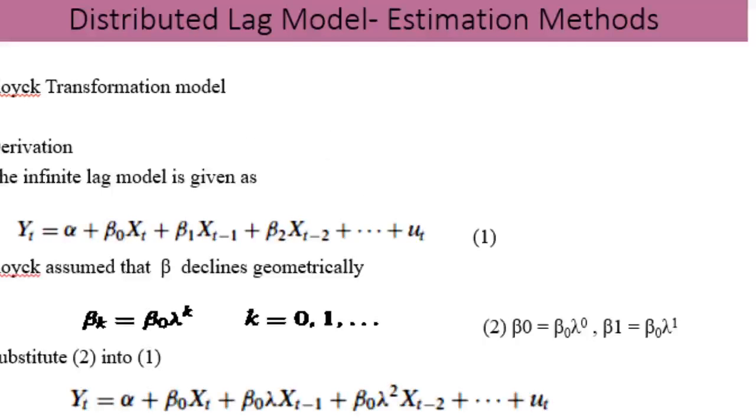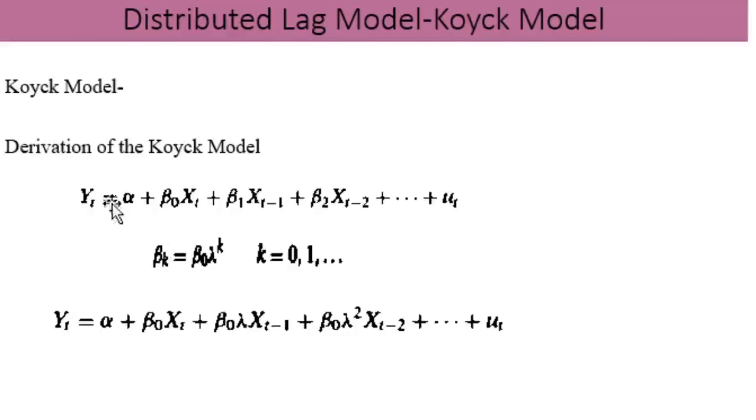The infinite lag model is used for the estimation, and his assumption is that beta k equal to beta 0 lambda raised to k. By applying this into the model, we get alpha plus beta 0 xt plus beta 0 lambda xt minus 1 plus beta 0 lambda square xt minus 2 plus ut.